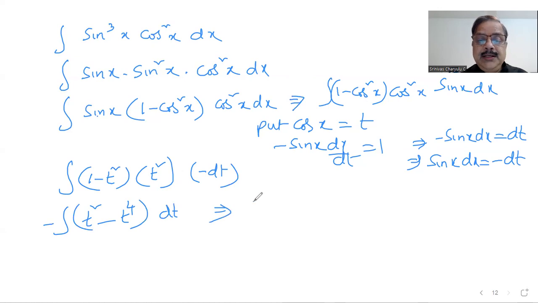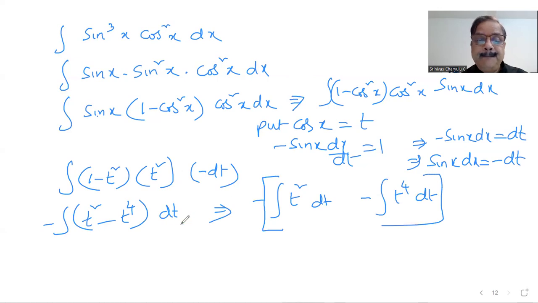So now you split this integration and put it in square brackets, minus is common. t square minus t to the power of 4 dt. So minus t square's integration is t cube by 3. T to the power of 4 means t to the power of 5 by 5.